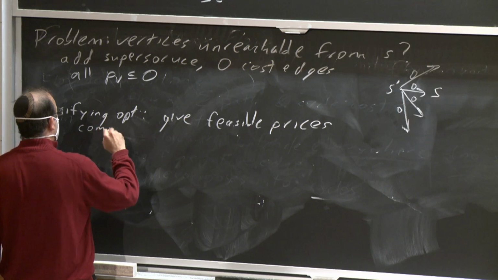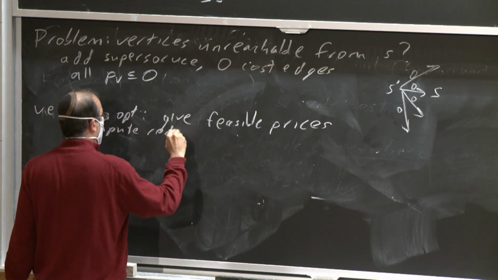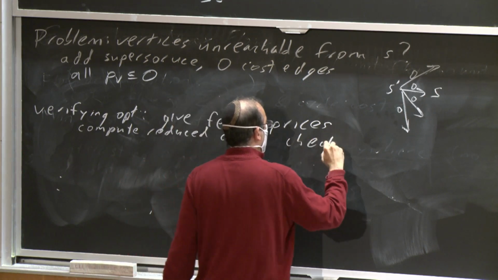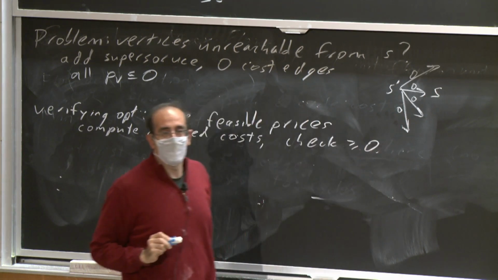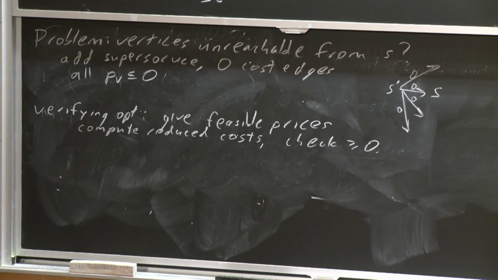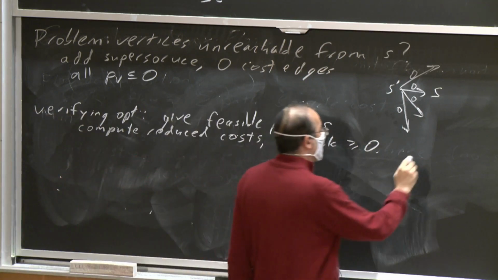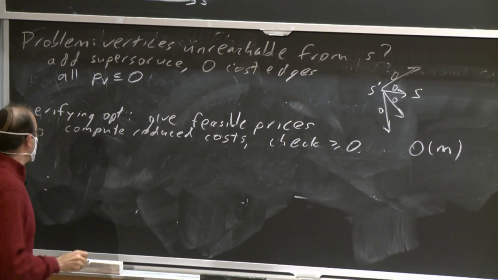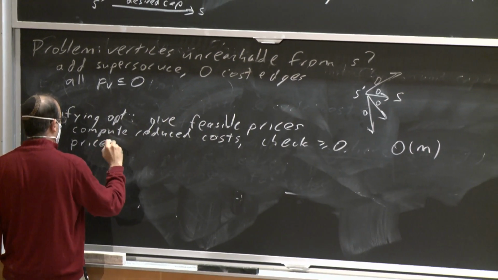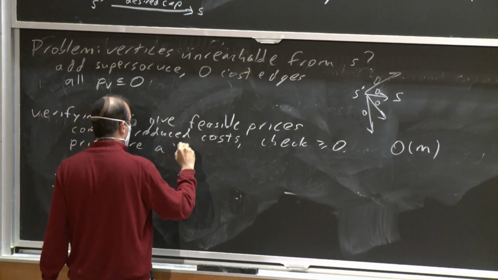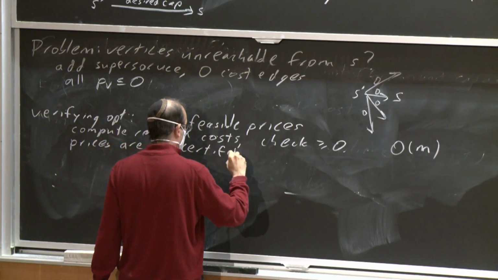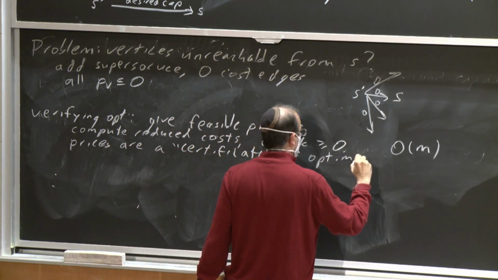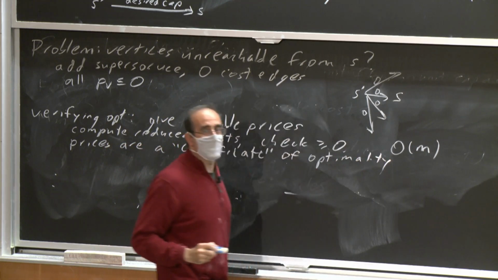Just compute the reduced costs and check they're at least 0. And so this is order m. So the prices are a certificate that make it really easy to check the optimality of your solution.